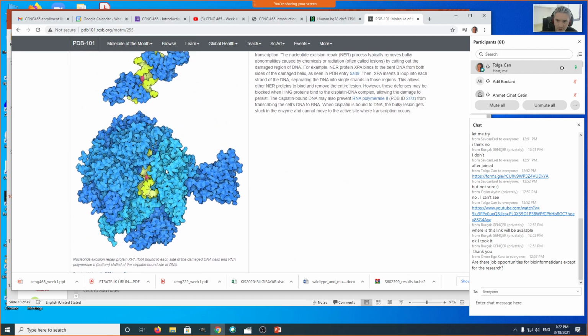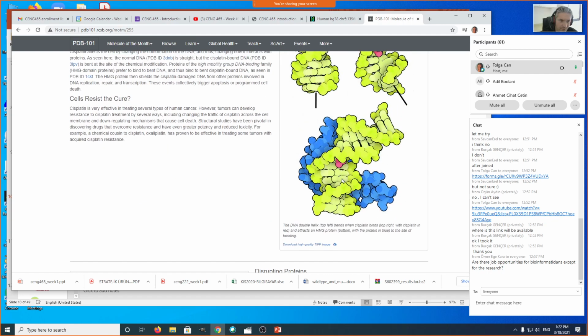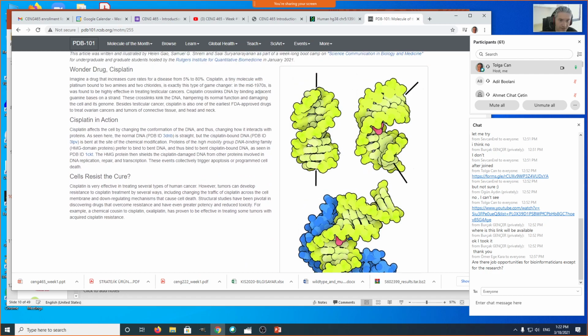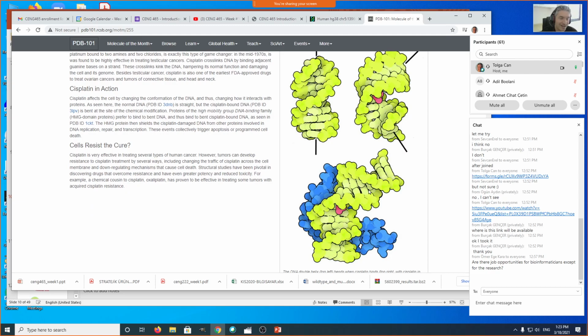If you look at these visualizations, they don't look like photographs to me. Who drew this? They're like cartoons, hand-drawn by someone. You cannot have a photograph of this because they're at the atomic level. Some of the things you see here have a size less than the wavelength of visible light, so we cannot really visualize these atoms.